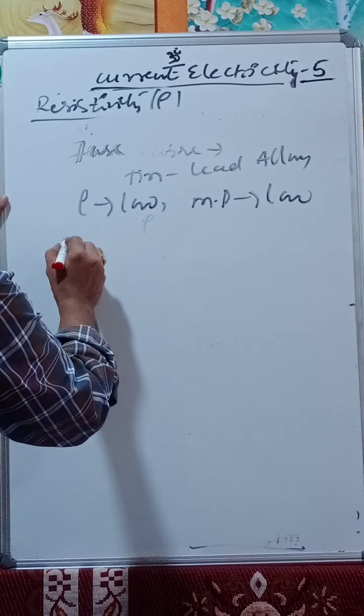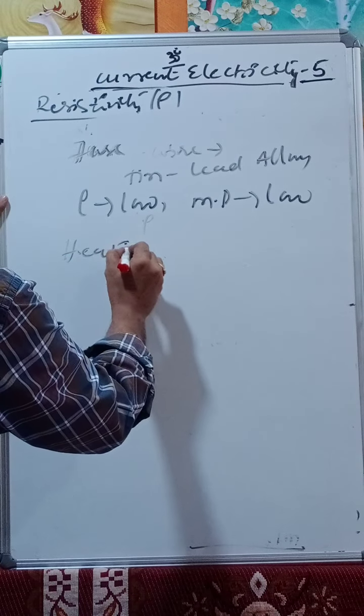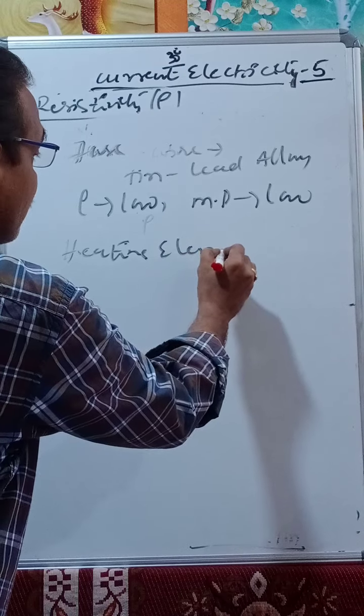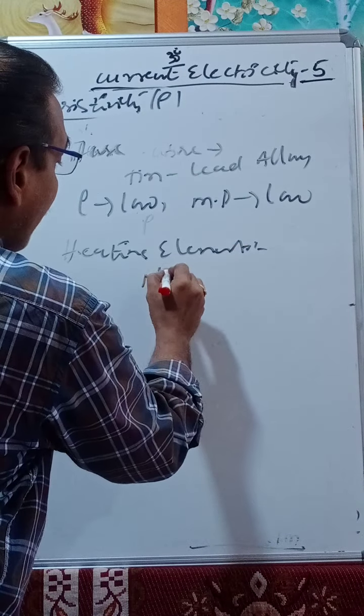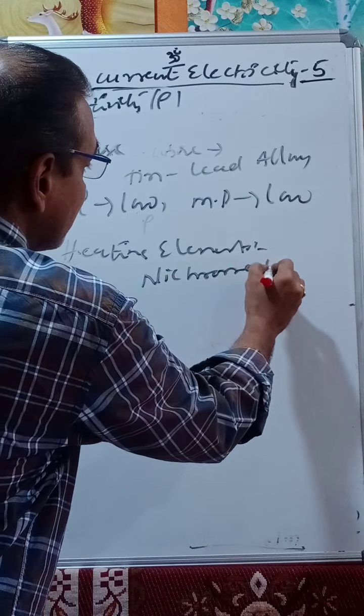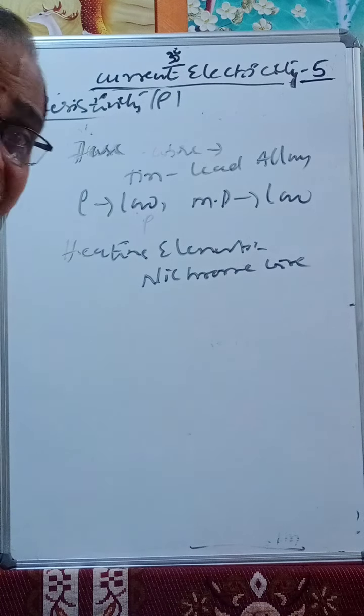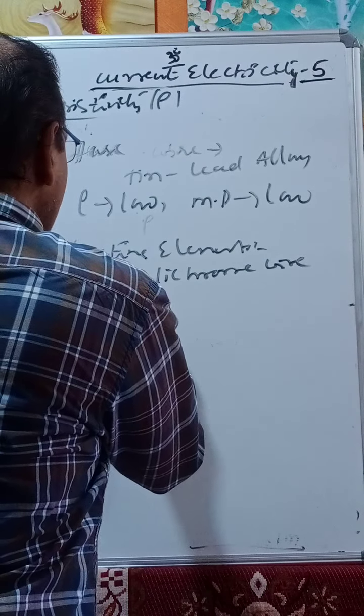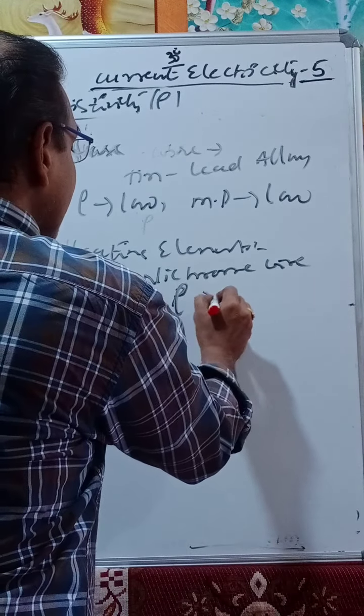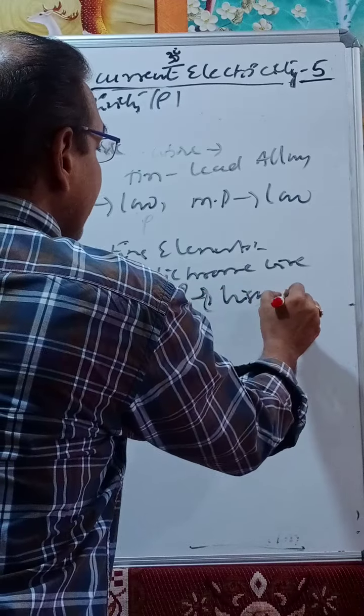And the heating elements. What are heating elements? We use heaters, no? They are generally made up of nichrome wire, and should have high resistivity and high melting point.